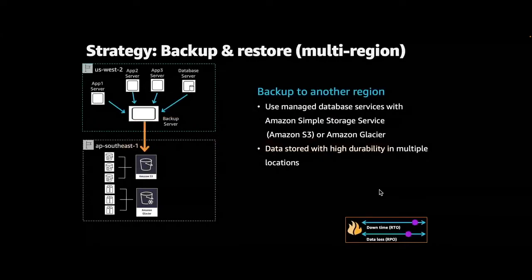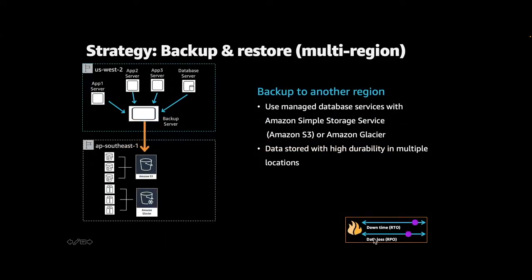So this is basically backup and restore with multi-region. This is, of course, the most affordable, as you can see down in this deck. Usually the downtime, RTO, and data loss are higher than other solutions, but the main advantage is that they are more affordable, and sometimes they could be a good fit depending on your customer requirement.